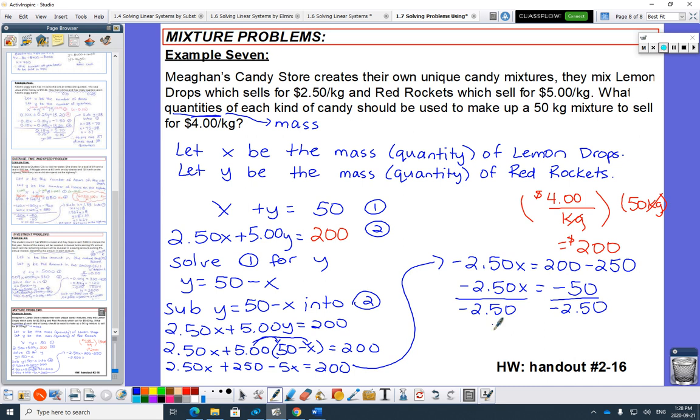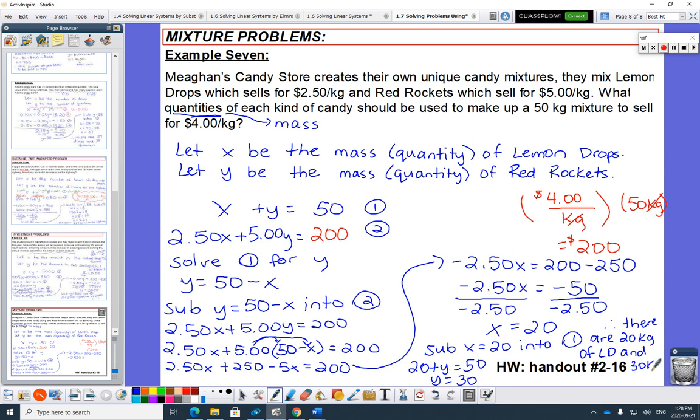So can't have a negative answer. So you can check your logic. So there's 20 kilograms of lemon drops, I just wrote LD, and 30 kilograms of red rockets.